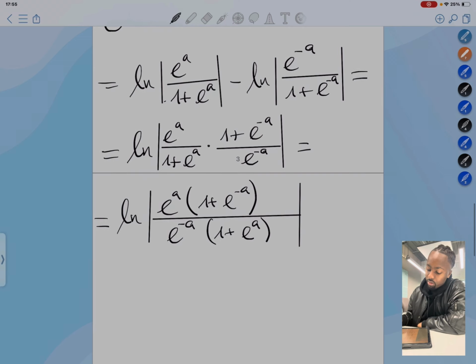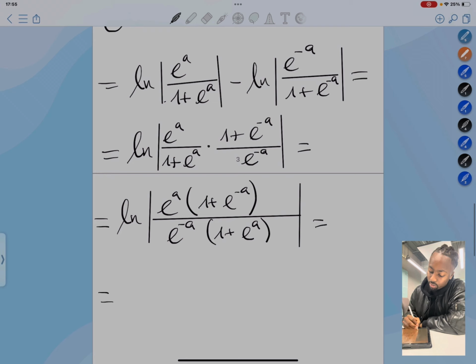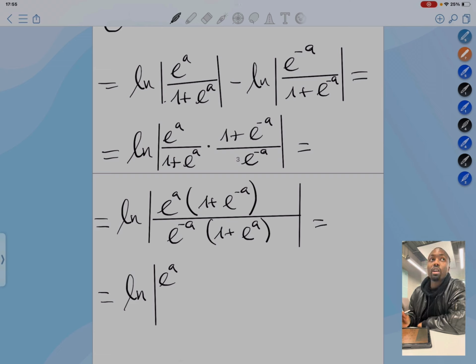If we expand, we multiply this by this, then this by this. So e to the power a times 1 gives e to the power a, and then e to the power a times e to the power minus a just gives 1, so 1 plus 1.